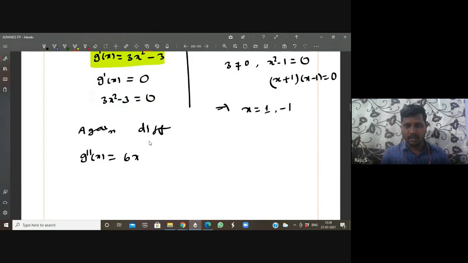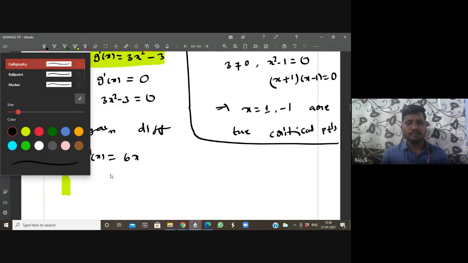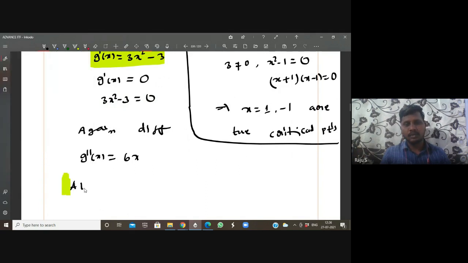This is g double dash. But at the given critical points, so what are the critical points we got? At these critical points, we have to find the g double dash of x value. So at x is equal to minus 1, what about g double dash of minus 1, student?